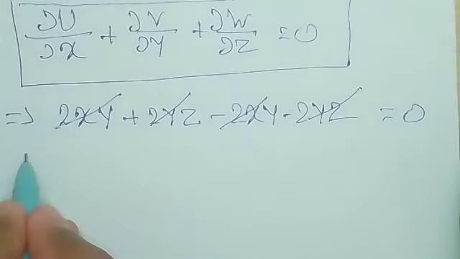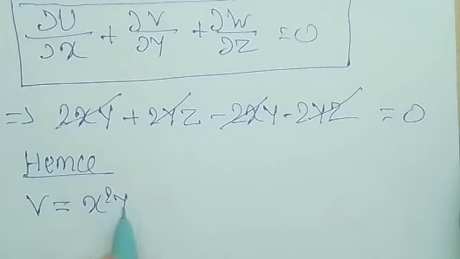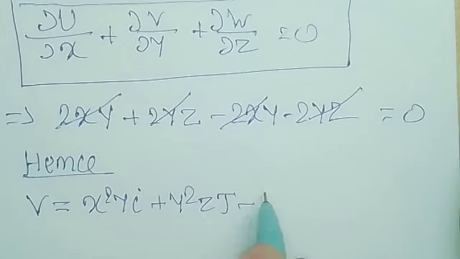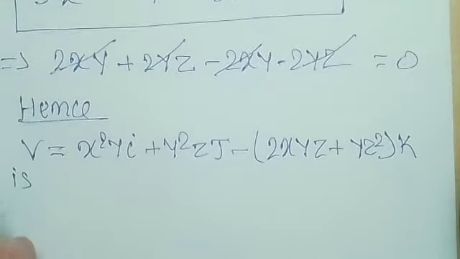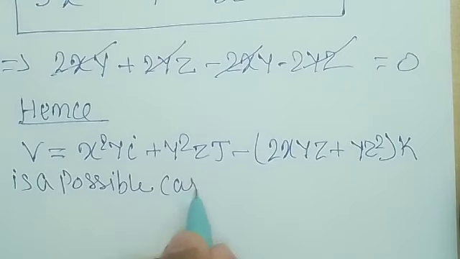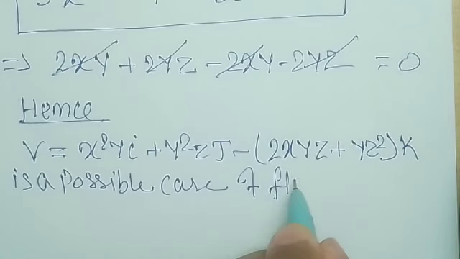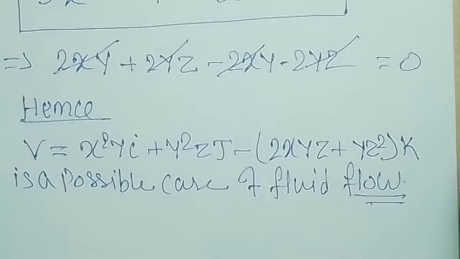So hence, V = x²y i + y²z j − (2xyz + yz²) k is a possible case of fluid flow, all right?